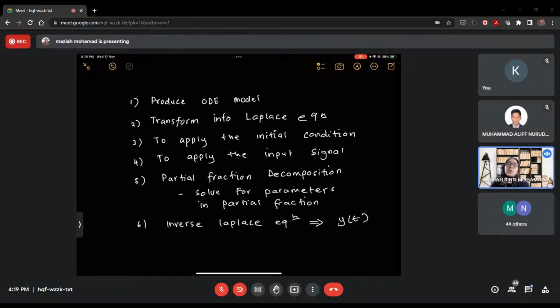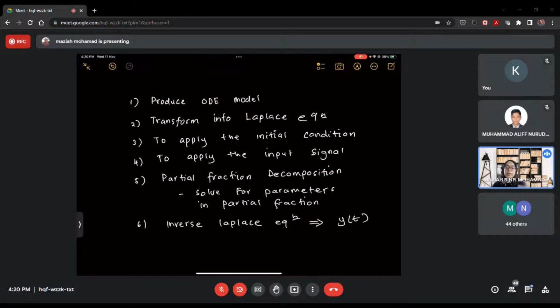Partial fraction decomposition, you also have learned how to convert a function into partial fraction form, and also inverse Laplace.